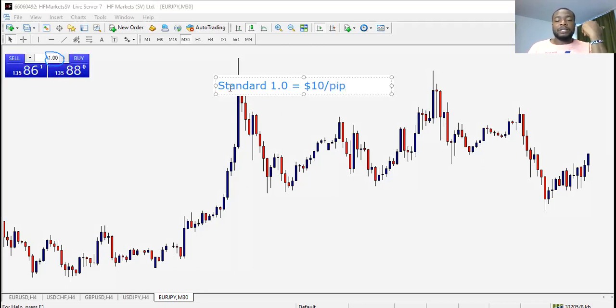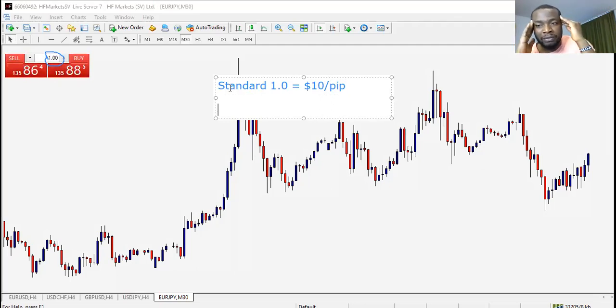So you want to ask yourself, what account size am I using to be able to trade this lot size? Obviously, your account size must be able to measure up with the kind of lot size you're using.